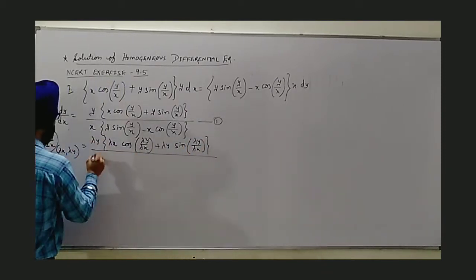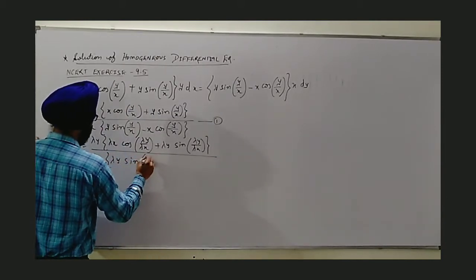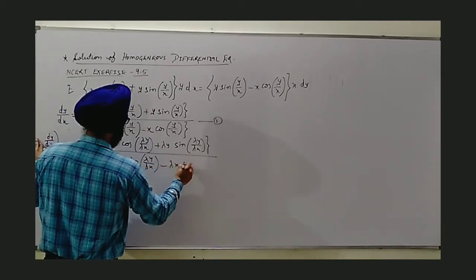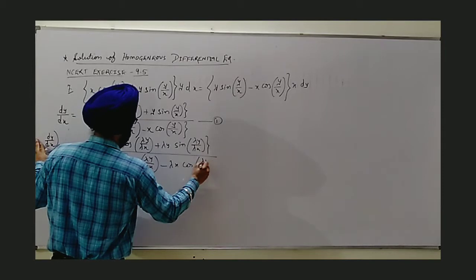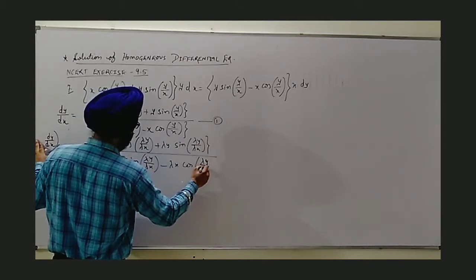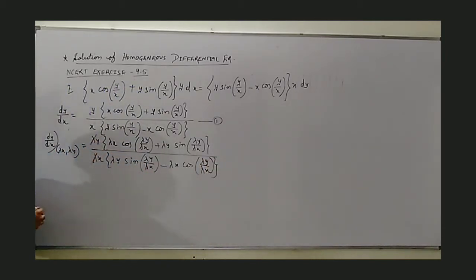In the denominator it's lambda x, lambda y sin lambda y upon lambda x everywhere. Replace the variables by their multiples where lambda is constant. Now you can check lambda is cancelled here.